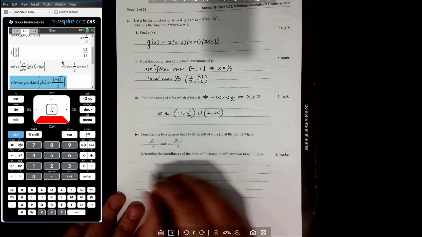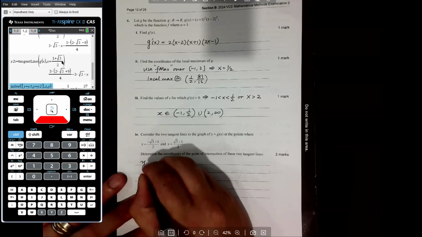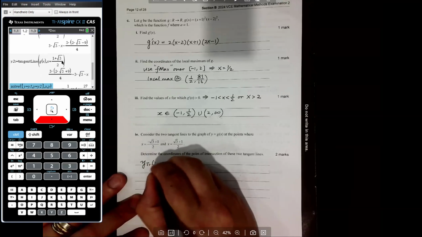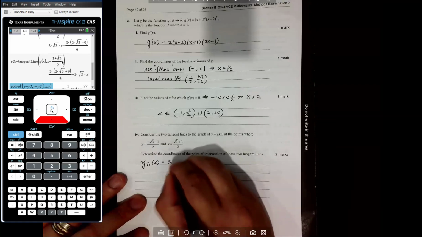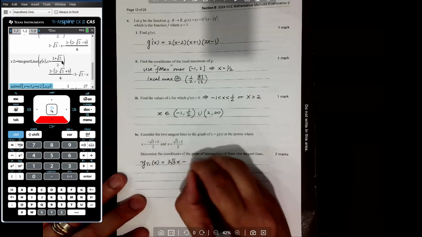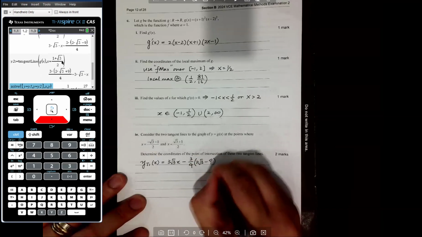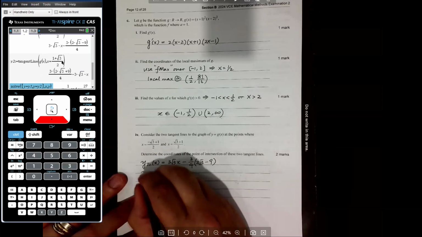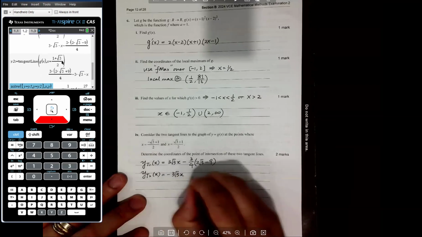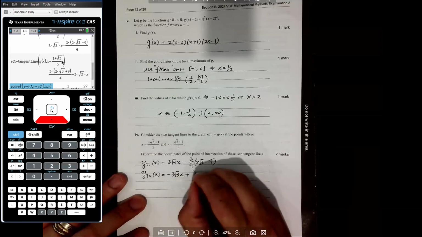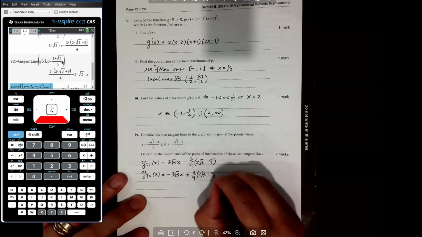And then finally, let's write down the two tangent lines. y tangent 1 of x equals 3 root 3 x minus 3 over 4 bracket 2 root 3 minus 9. Be aware of the transcription errors. And y tangent 2 of x equals minus 3 root 3 x plus 3 over 4 bracket 2 root 3 plus 9.